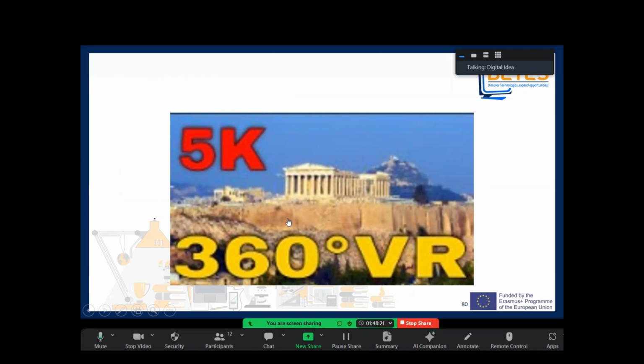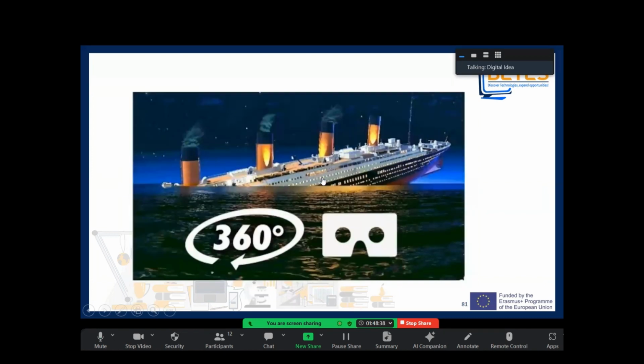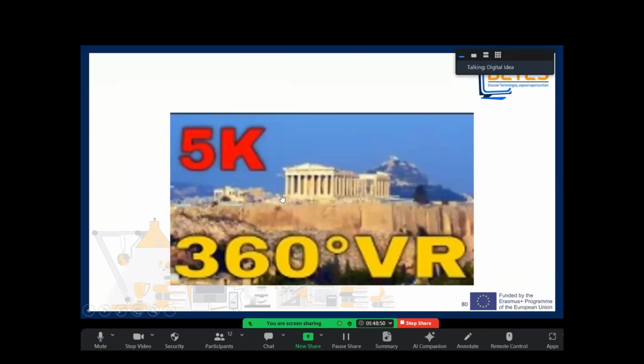This is a 360 degrees virtual reality tour of the Acropolis. I don't know why we were supposed to be able to see it.